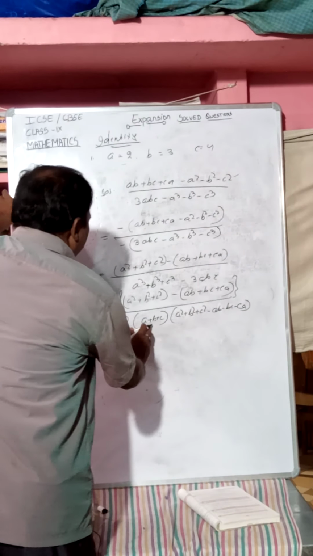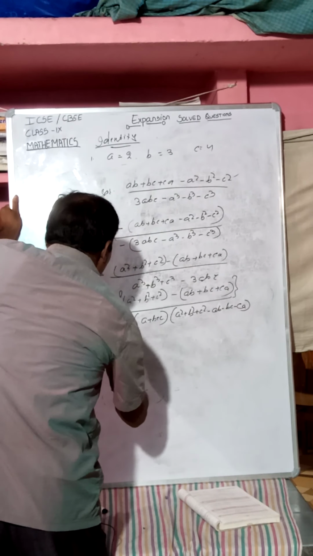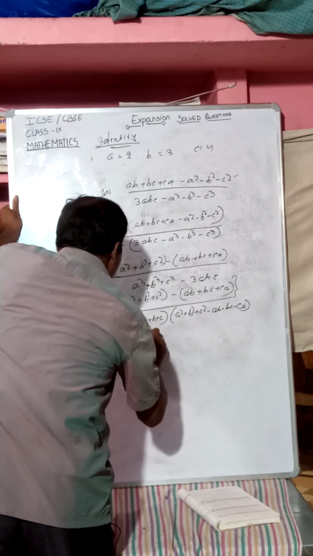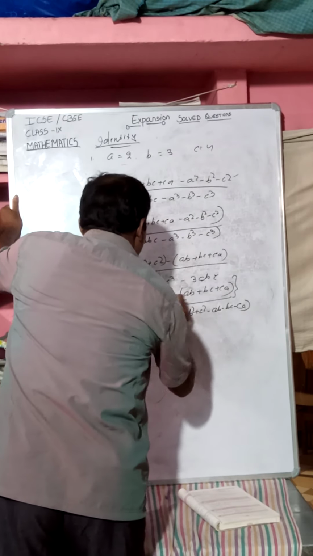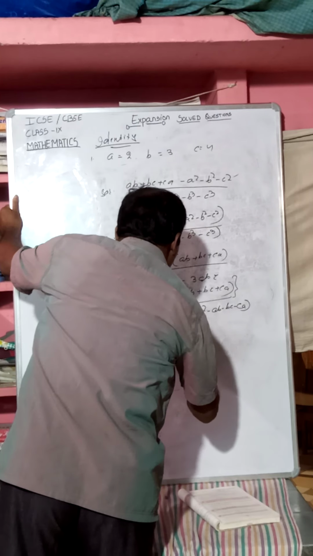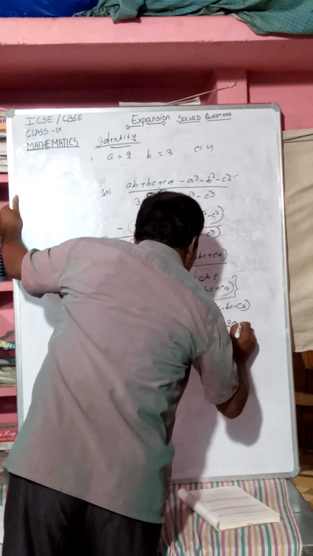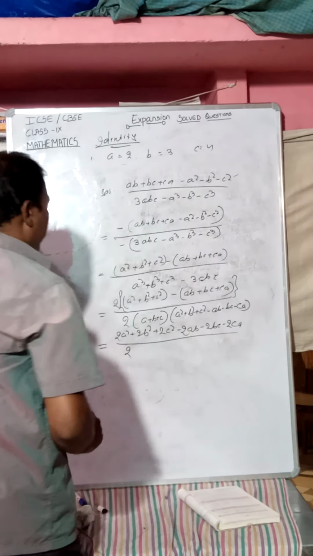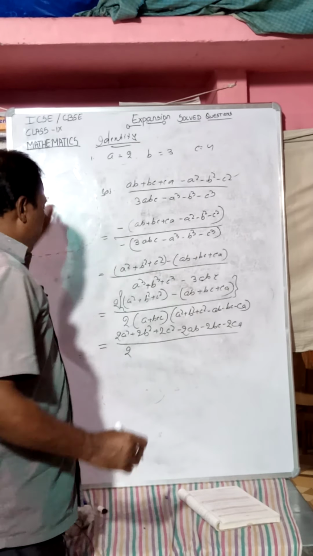What is the value of A plus B plus C? 2A square plus 2B square plus 2C square minus 2AB minus 2BC minus 2CA, whole divided by 2 into (A plus B plus C).